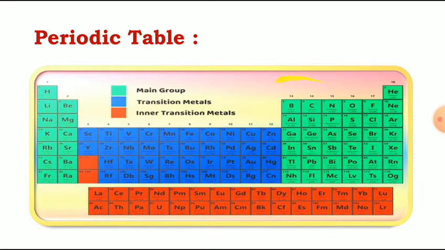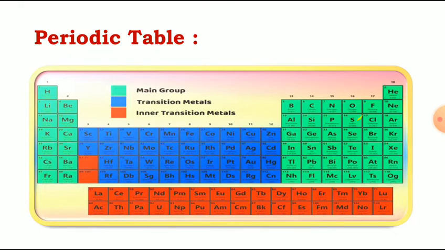In the P block, group number 13 consists of the boron family: boron, aluminium, gallium, indium, thallium. The first five elements we are going to learn this semester. Group number 14 is carbon, silicon, germanium, tin, lead. Group number 15: nitrogen, phosphorus, arsenic, antimony and bismuth.